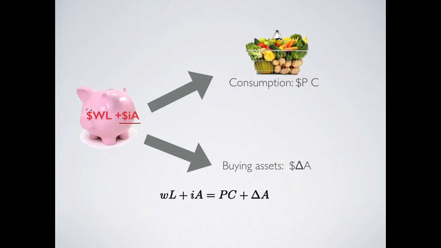Now you simply have the income flow on the left hand side, WL plus IA, equal to the expenditure side, PC plus the saving, which is delta A. If you compare it to the old budget constraint of the household, you can see that the new budget constraint is much simpler than before.